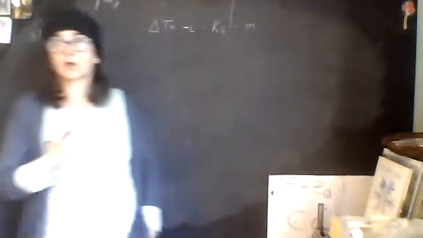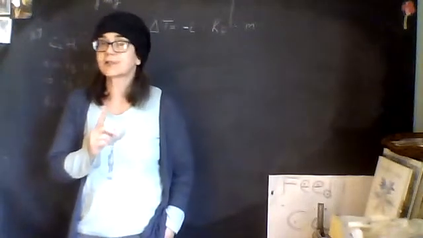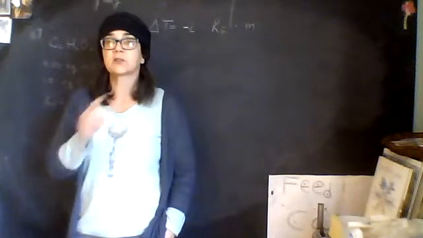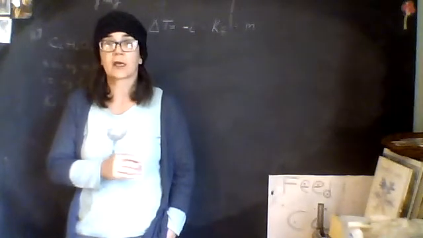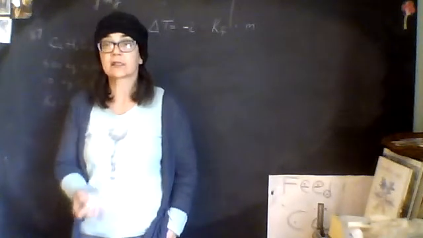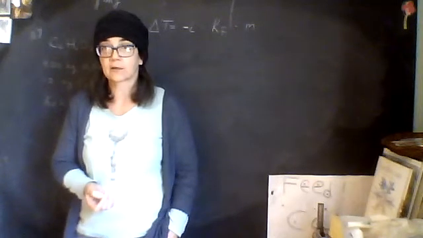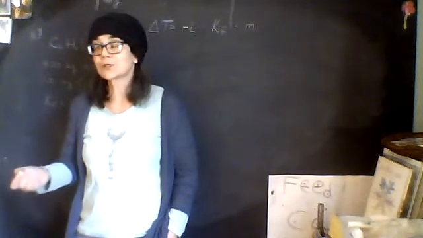What is our solute? Water is the solvent. It's very important that we understand the correct terms. The solute is a substance that's dissolved. The solvent is the liquid it's dissolved in.